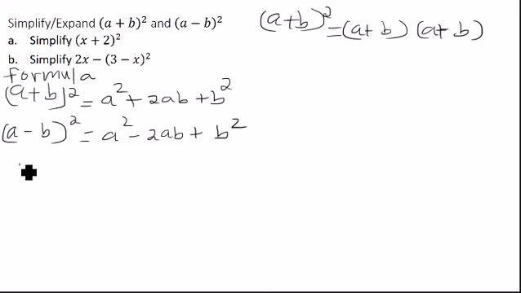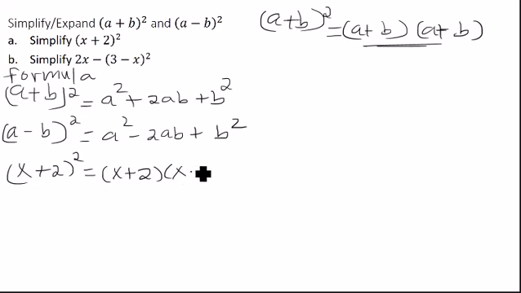Alright, so let's look at (x plus 2) squared, which by this definition is going to be x plus 2 times x plus 2. If I apply the FOIL method, I have x squared plus x times 2 is 2x, plus 2 times x is again 2x, plus 2 times 2 is 4.